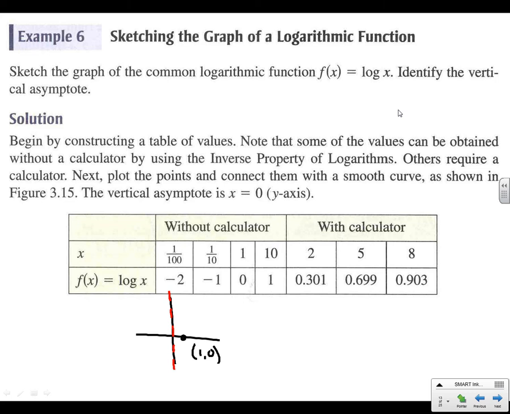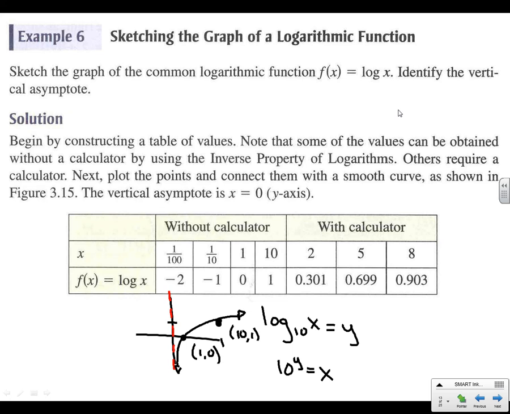And then the next one that we could do, because remember this is log base 10 of x, 10 to what gives me, if I plugged in 1, if I rewrote this as y, because this is equal to y, if I plugged in 1 for y, I'm going to get 10 over here, because 10 to the first power is 10. So this point right here would be 10, 1. So it's going to be very steep, and then it's going to start flattening out. It will never flatten out completely. It's going to keep going up and up and up forever.